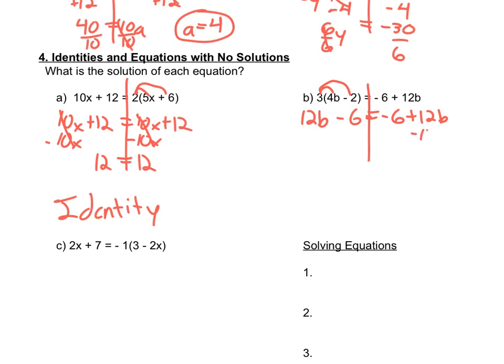I'm going to subtract 12b from either side. I notice that 12b minus 12b is 0. 12b minus 12b is 0. And I get negative 6 equals negative 6. Again, if you notice before, these are equivalent. They're the same value. So this one is also an identity. This is true for whatever value of b I choose.